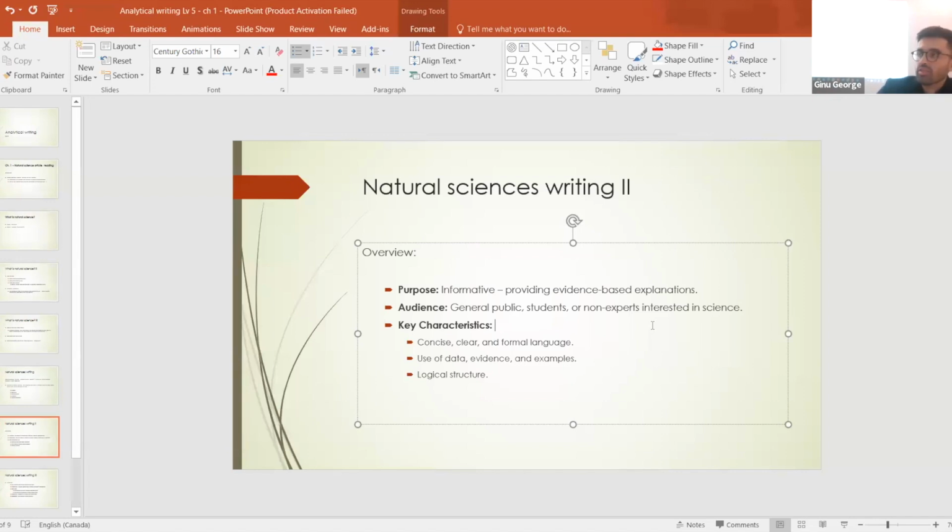Some of the key characteristics of scientific writing. Be on the lookout for these because these make a piece of scientific writing good. It should be concise, shouldn't be too logorrheic.